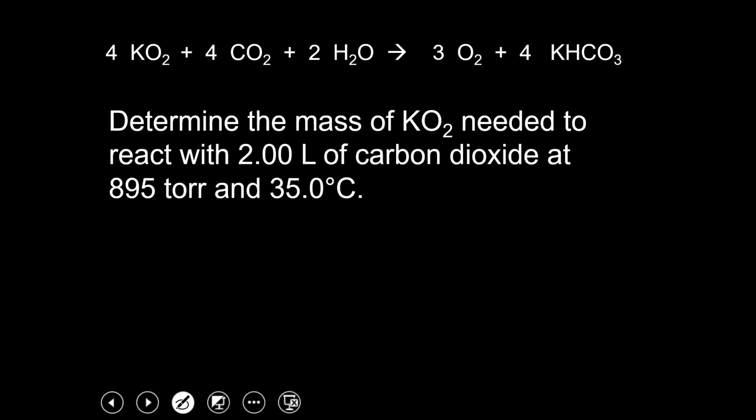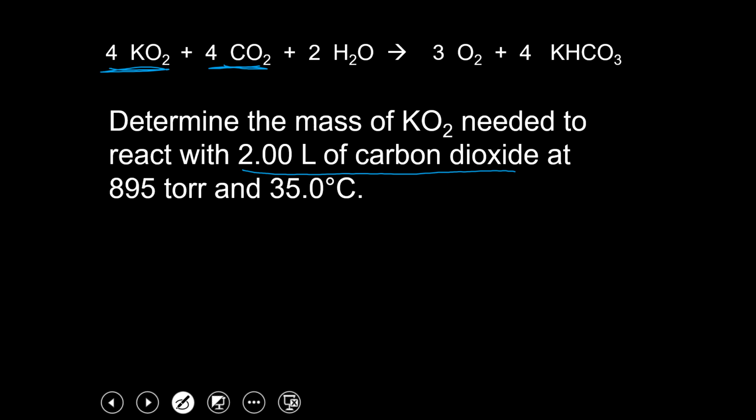So this compound, we want to know the mass of the KO2 right here. And we are starting with a volume of the CO2. Here's the problem. I can't convert that volume to moles using 22.4. Why? It's not at STP.